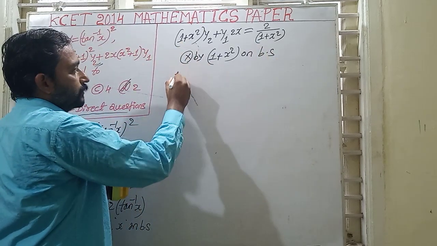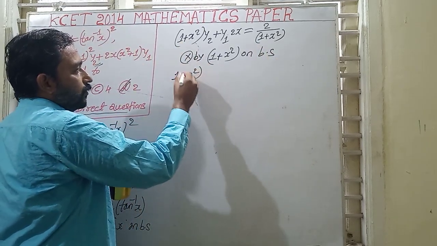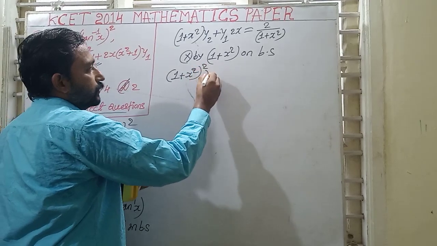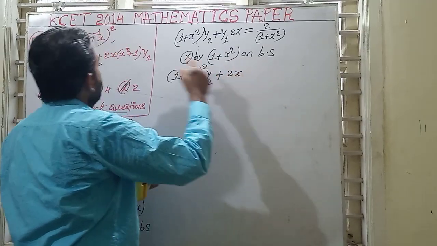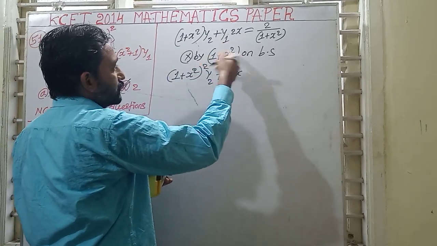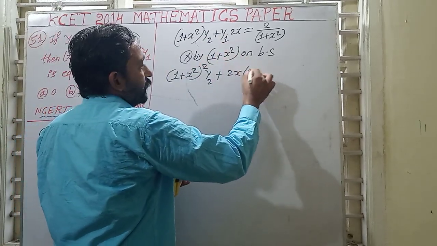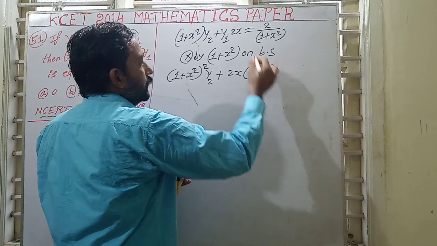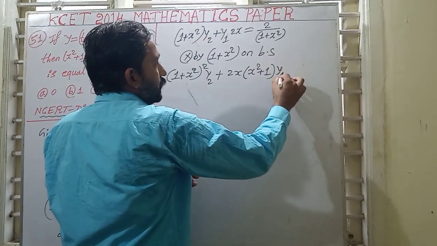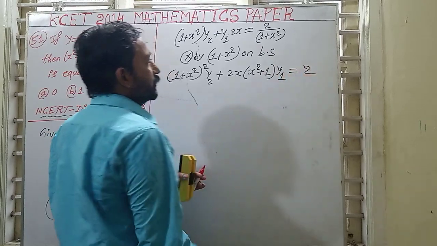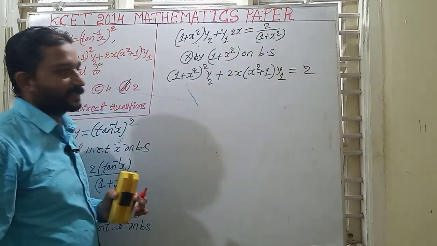So it becomes (1 plus x square) whole square into y2 plus 2x into (1 plus x square) into y1, equal to 2, because 1 plus x square cancel each other.